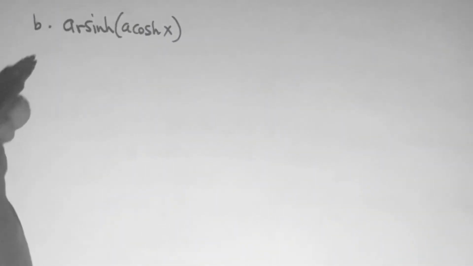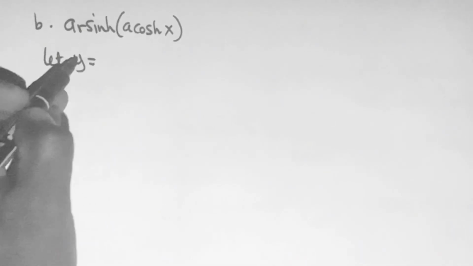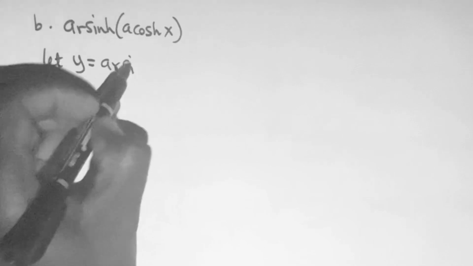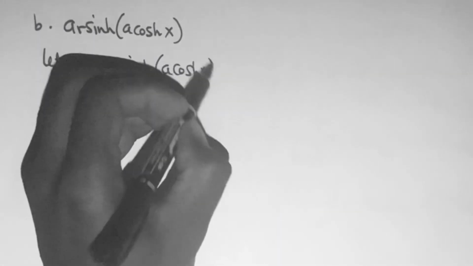So the b part was given as arcsinh(a cos x). Let y equal arcsinh(a cos x).